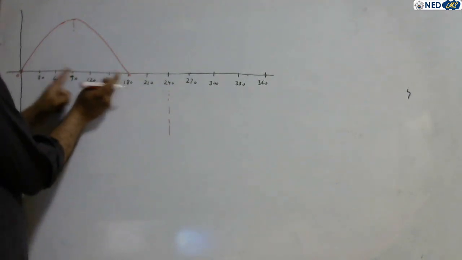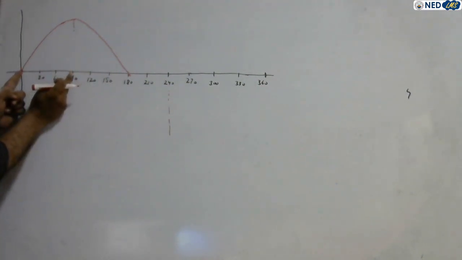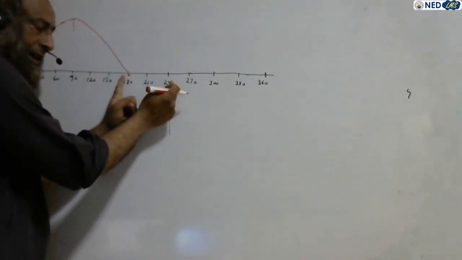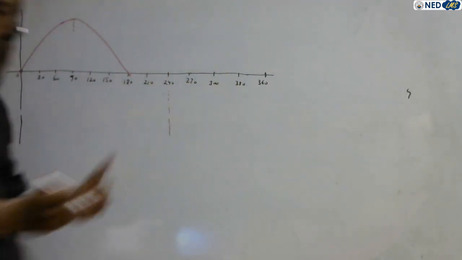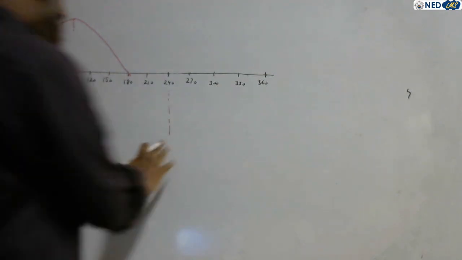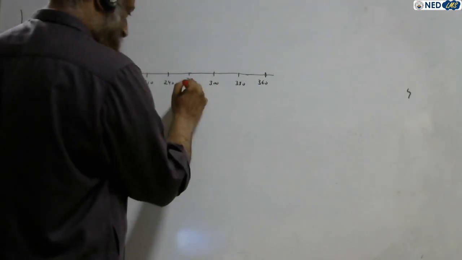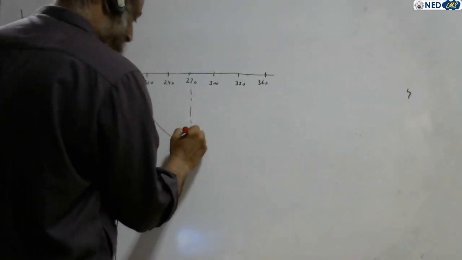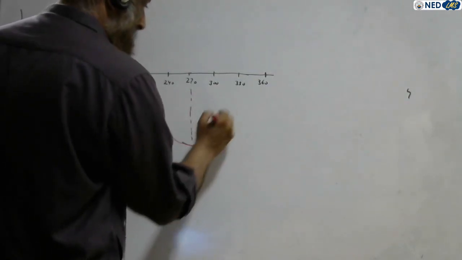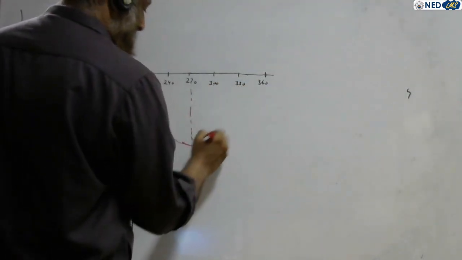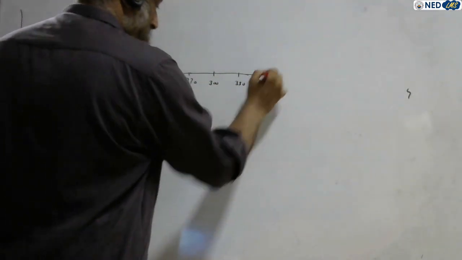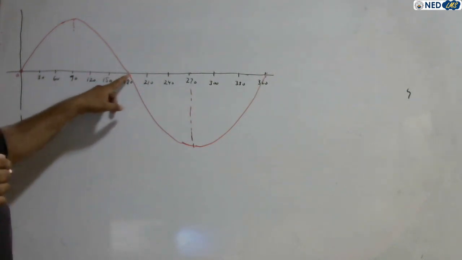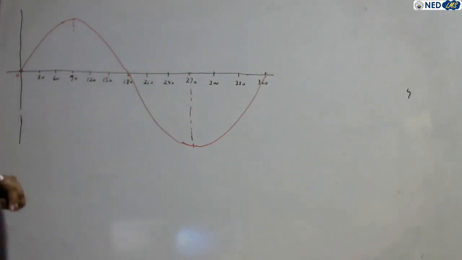See, the 30, 30 intervals. The first 30 interval goes toward the positive peak. The next 30 interval is 0. The next 30 is the negative peak, and the next 30 is 0 again, right? 30, 60, 90, 30, 60, 90.